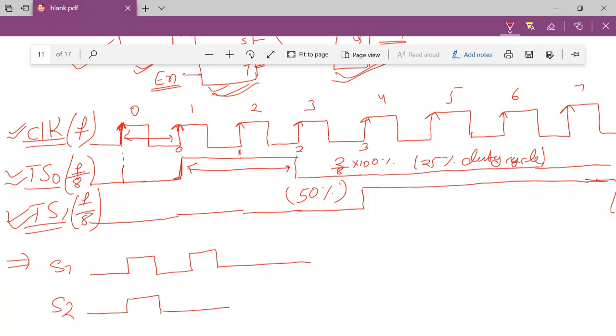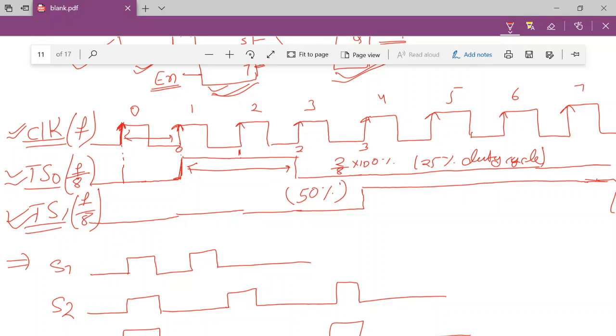Can you analyze that the frequency is different here? Similarly, suppose we have another signal like this one. Although the duty cycle is also changing here, the point is that the frequency is being changed, right?